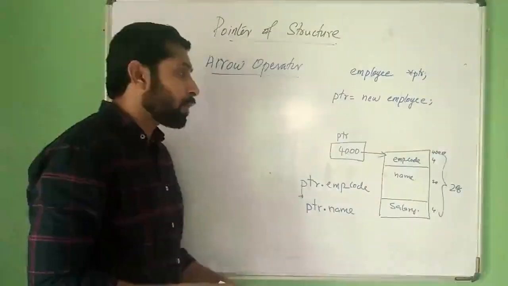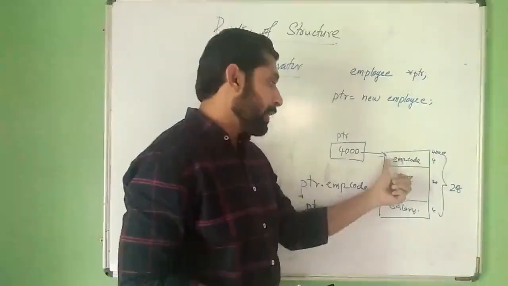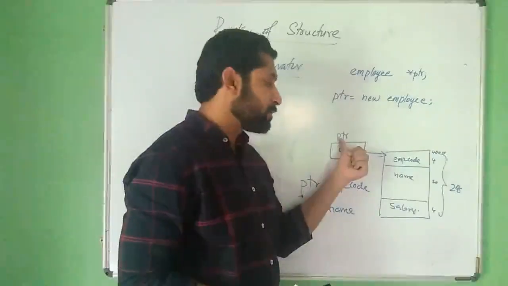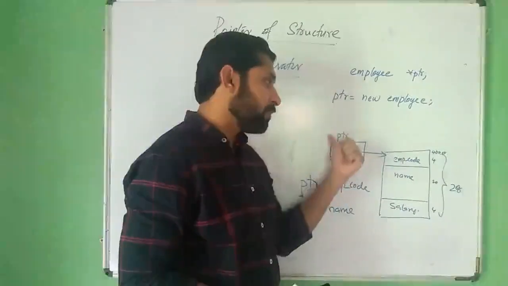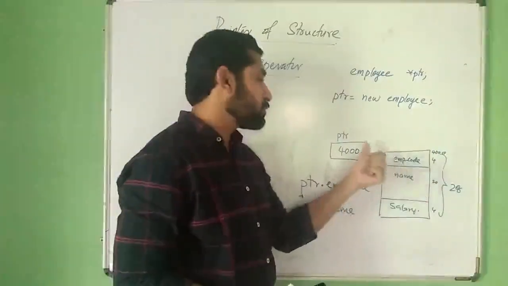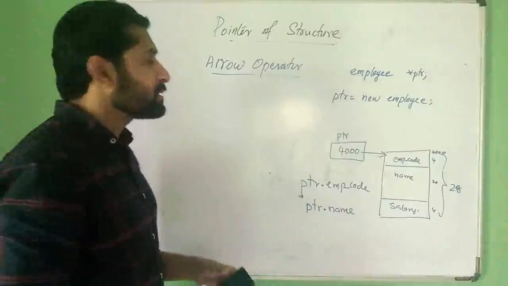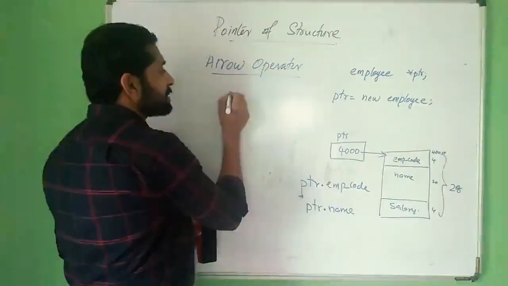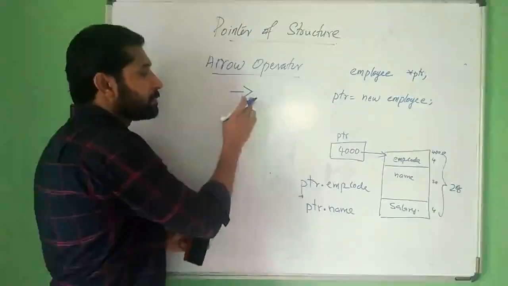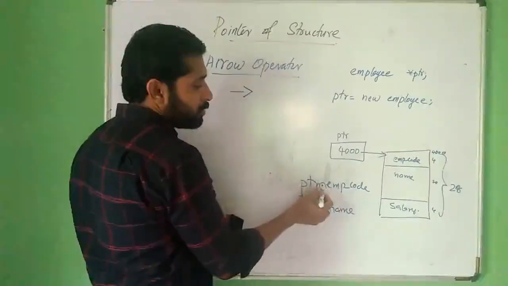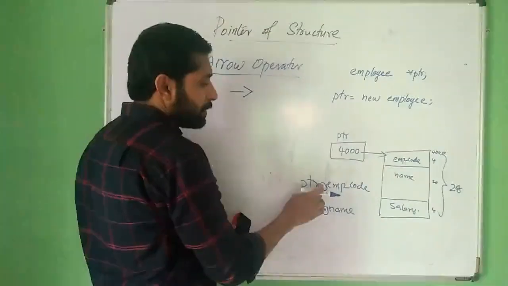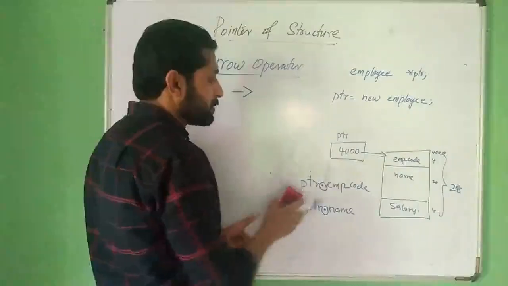The arrow operator is used for accessing structure elements when we use pointers. If we are handling structures with the help of pointers, for accessing structure elements, we will make use of the arrow operator. What is an arrow operator? It is a hyphen and a greater than symbol. This is called the arrow operator. So instead of the dot operator, with the concept of pointers, we make use of the arrow operator to access structure elements.